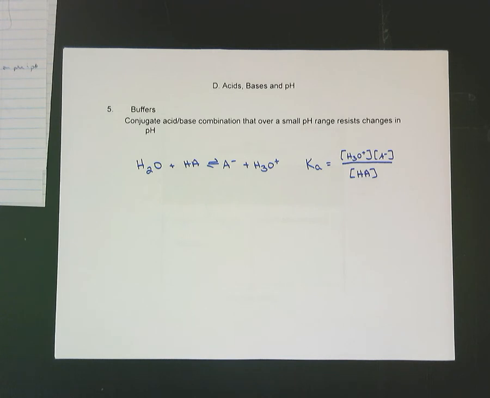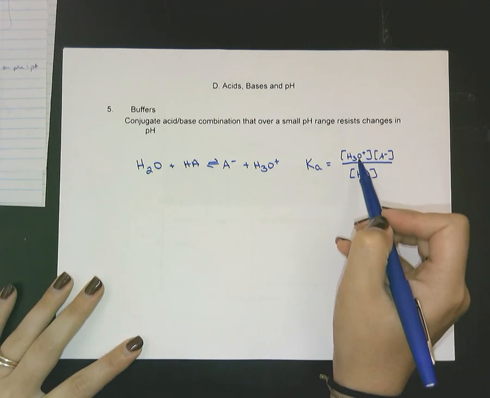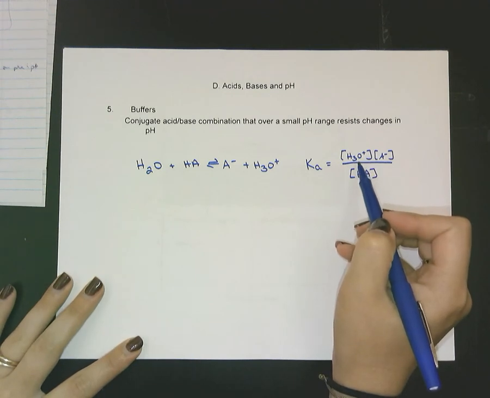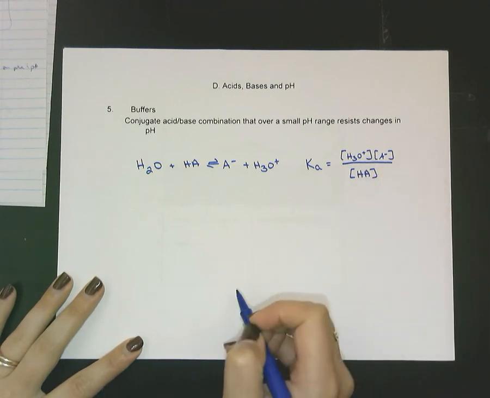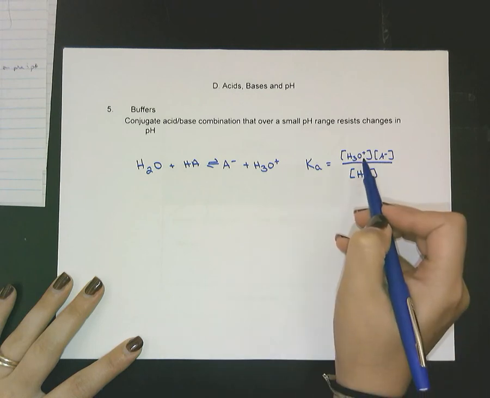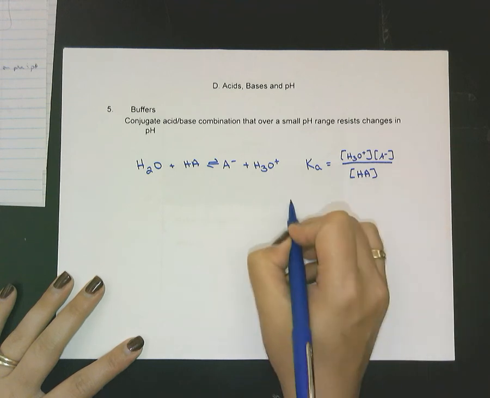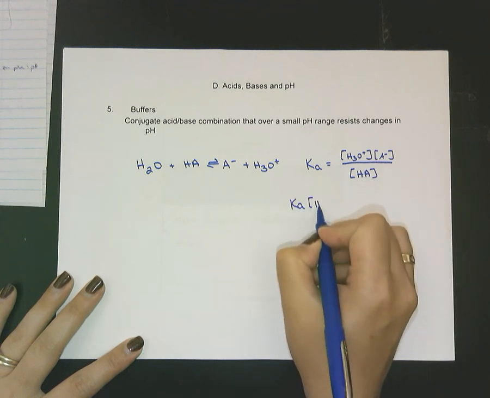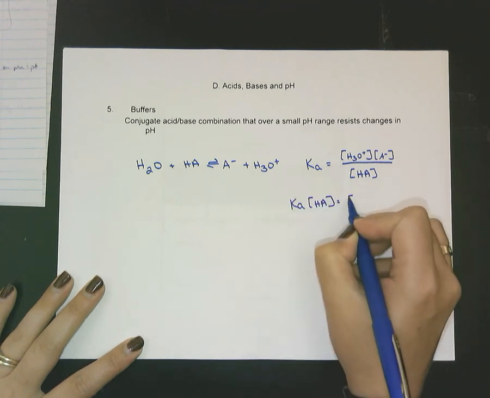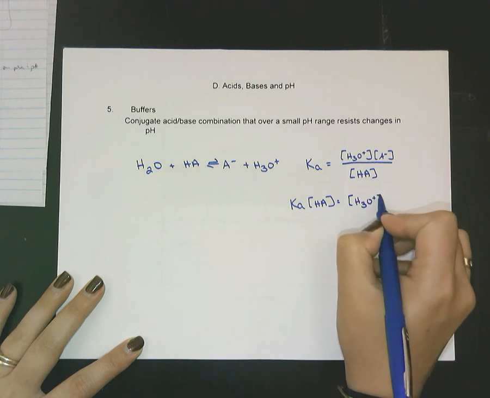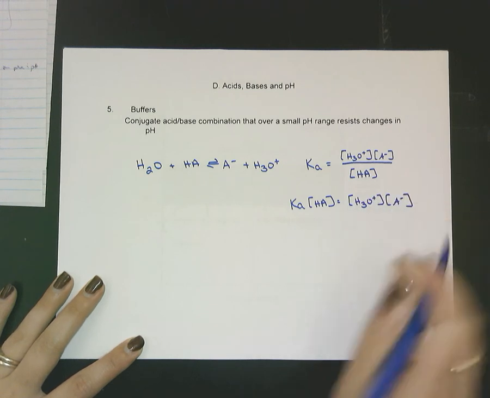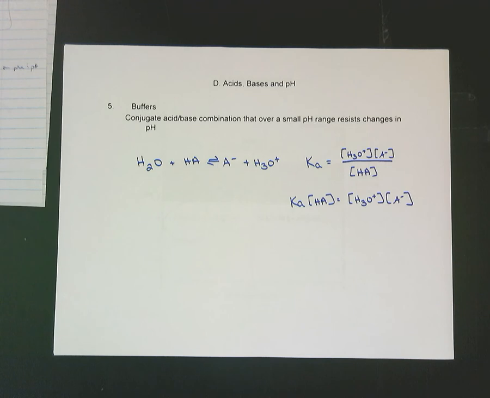All right, I would like to rearrange this so that this hydronium is by itself. What's the first step I need to do to get this hydronium bracketed thing by itself? Okay, what's step 2 to getting the hydronium bracket by itself?